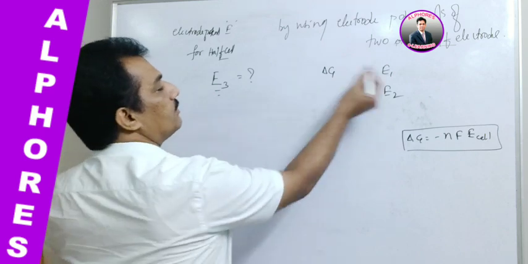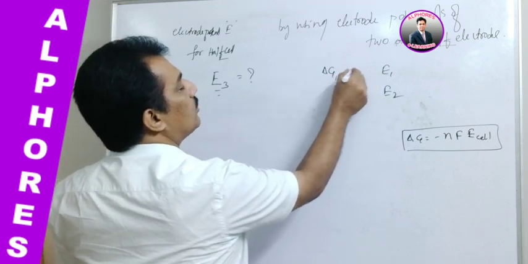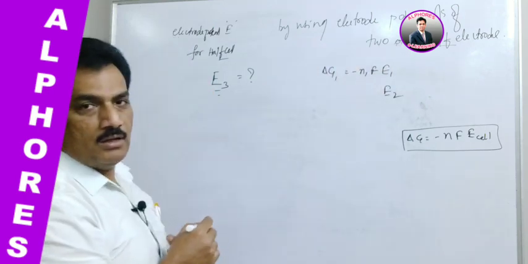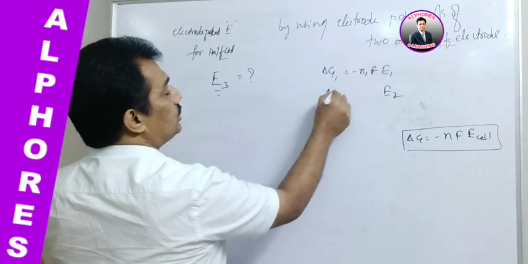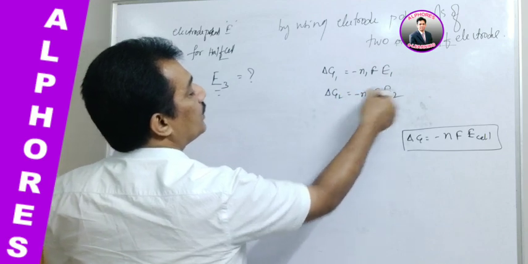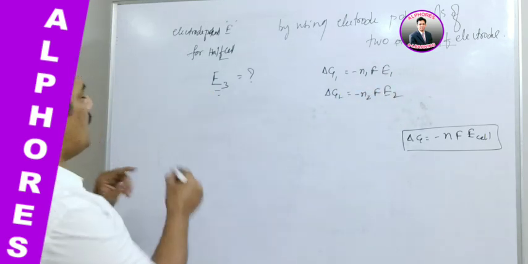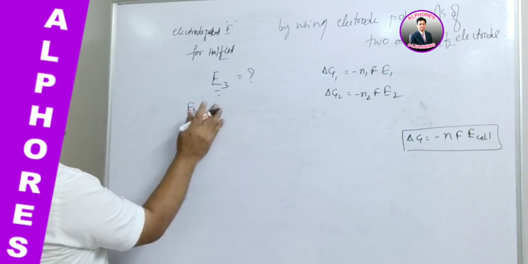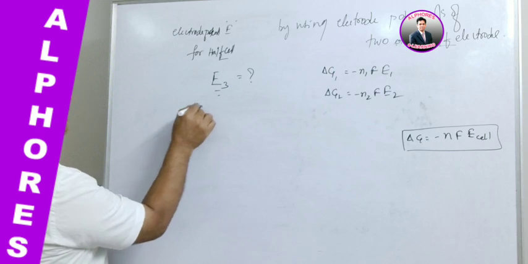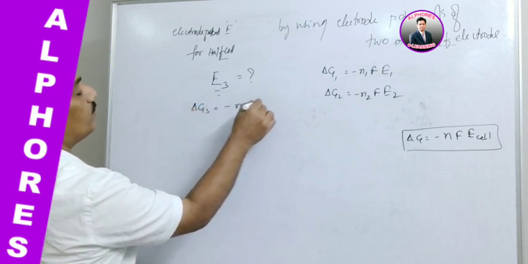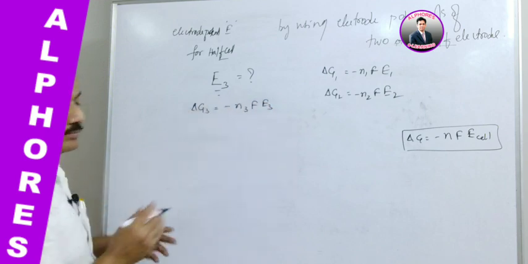Here, for convenience, let us consider delta G1 is equal to minus n1F E1, and the second, delta G2, is equal to minus n2F E2. And when they ask for E3, this E3 is related to delta G3 as minus n3F E3.